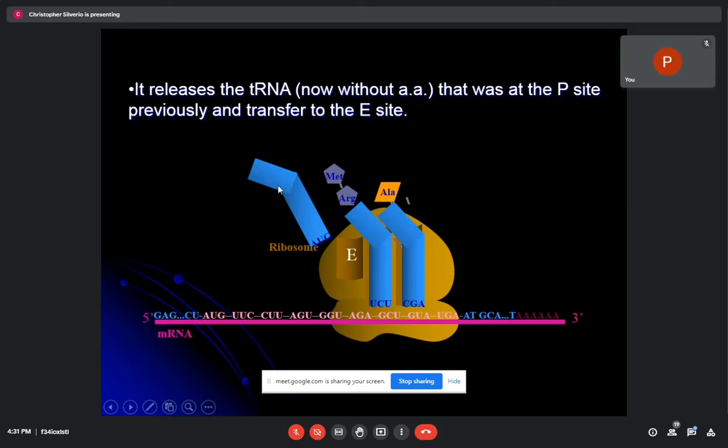And then what happened to this transfer RNA that previously is carrying methionine? It is released from the E site. And then what happened to alanine? What happened to this transfer RNA that is carrying the two amino acids?